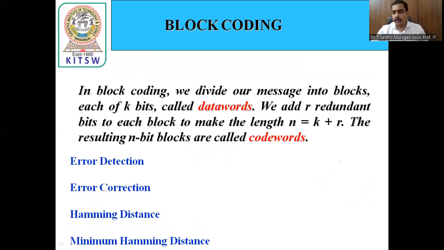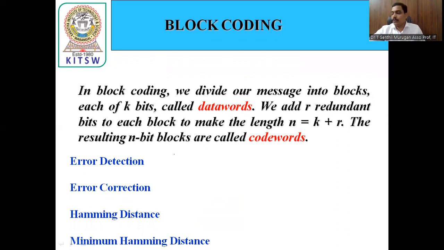What is block coding? While discussing digital to digital transmission, we discussed line coding, block coding, and scrambling. Block coding means using blocks for identifying errors. In block coding, we divide our message into blocks.